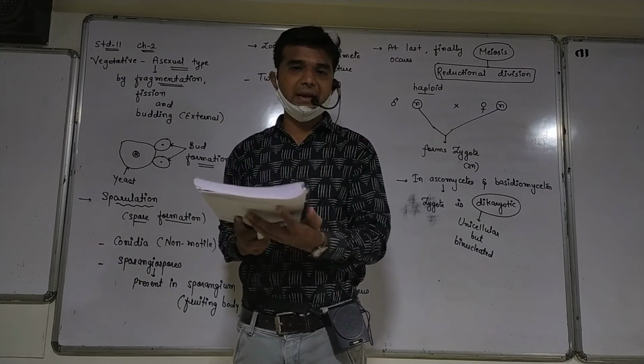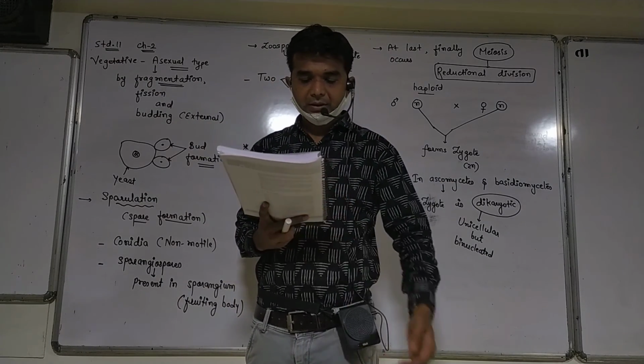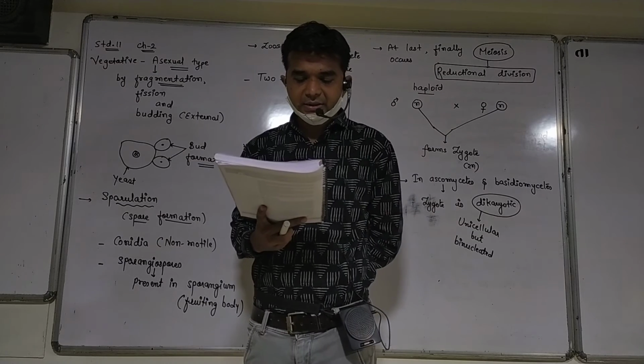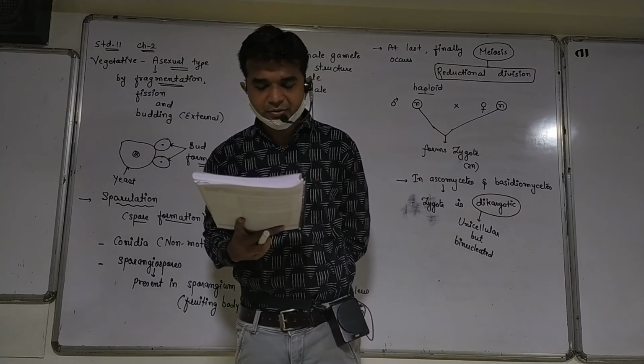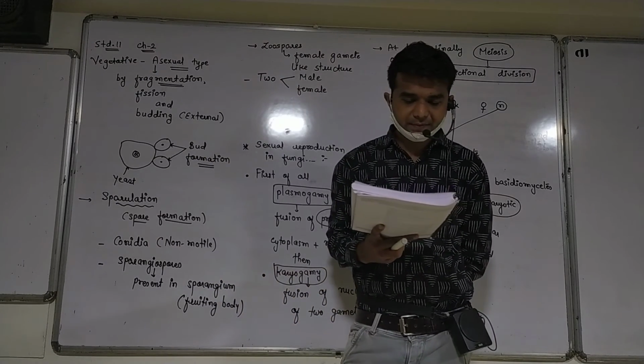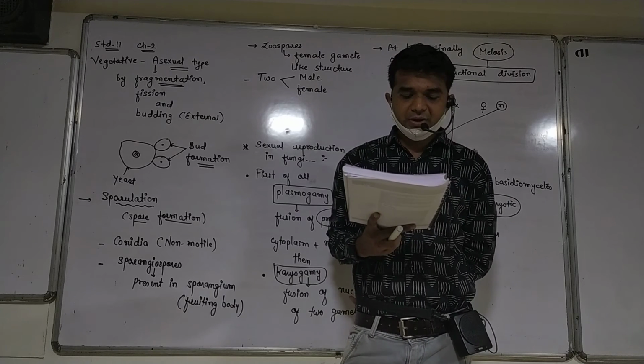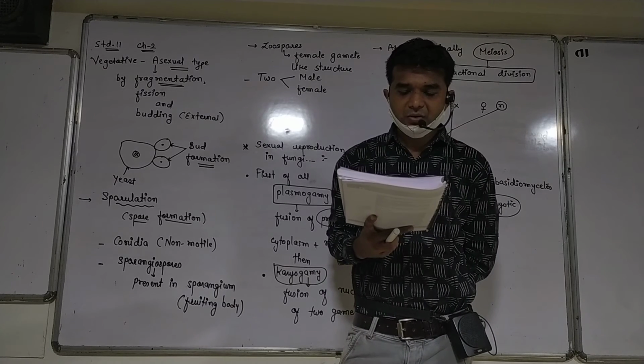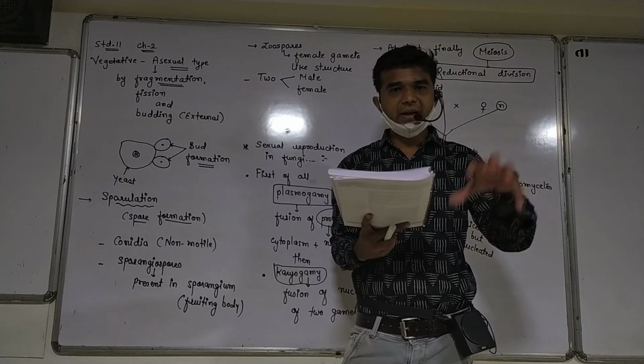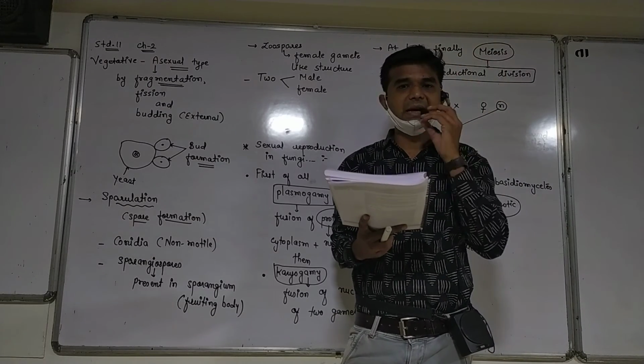Intervening means duplicated. In the dikaryotic stage, n plus n, that is two nuclei per cell, occurs. Such a condition is known as dikaryon, and the phase of this is known as dikaryotic.